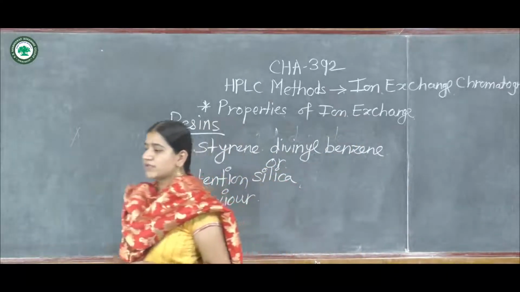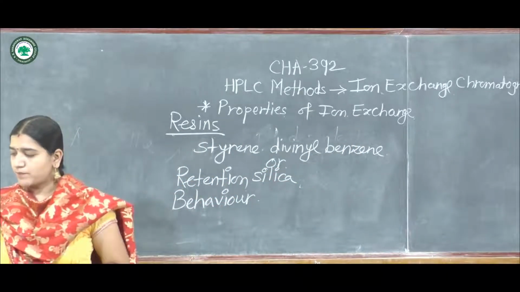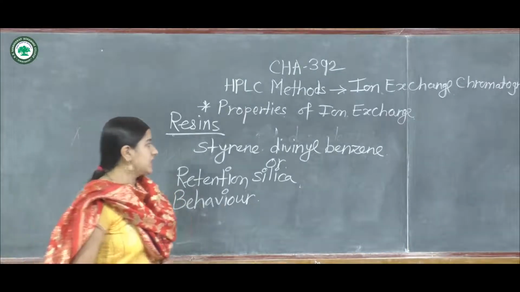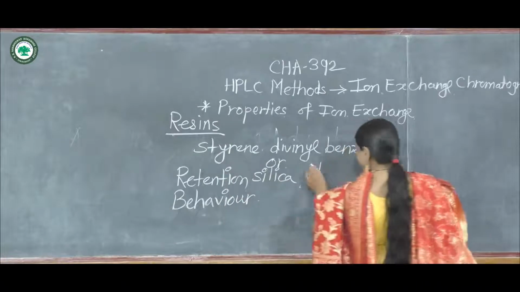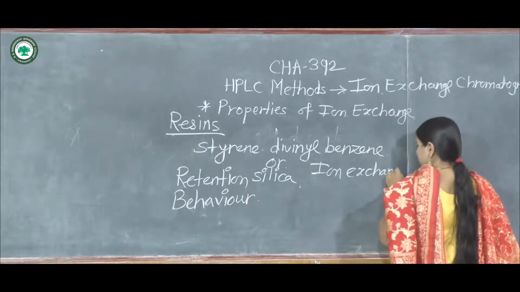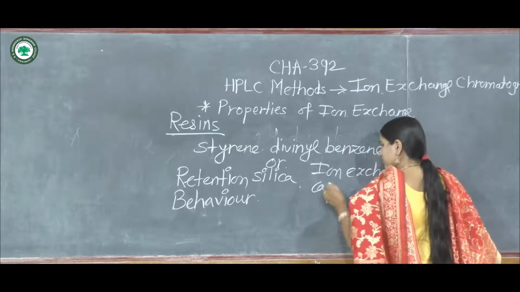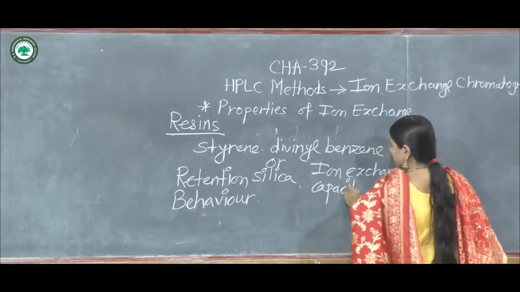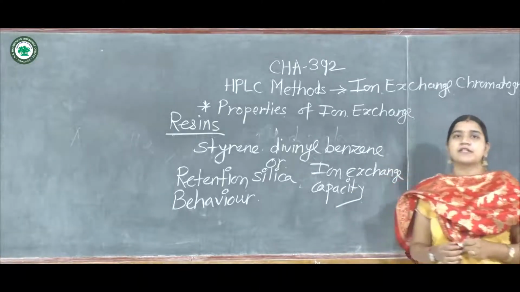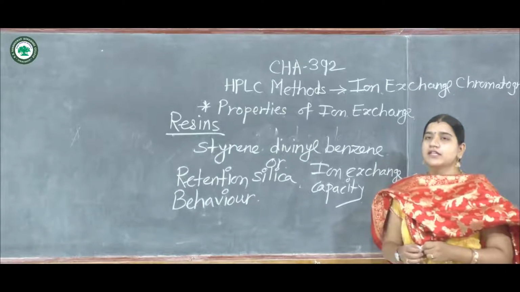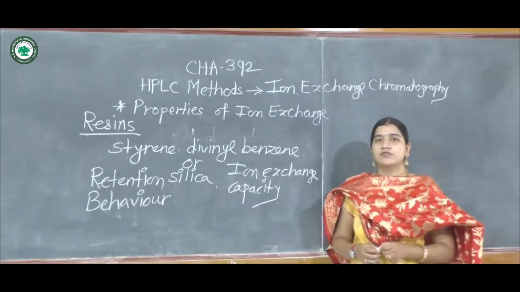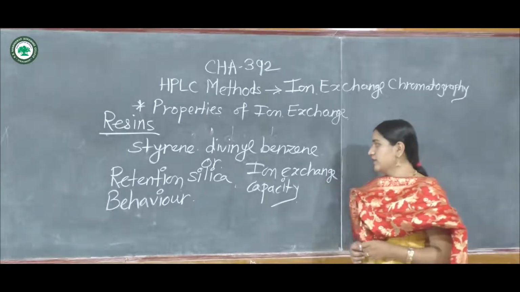After studying these different properties, it is also very necessary to study the ion exchange capacity. The cation exchanger and the anion exchanger are basically the two types of ion exchange material.